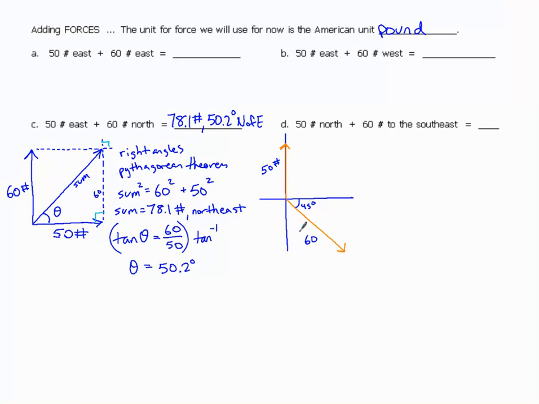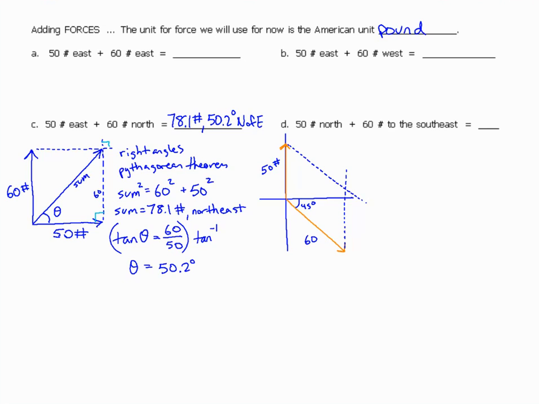Let's do the parallelogram method. So I'm going to draw this line up. I'm going to draw this line in this direction. And we're about to draw the sum, but something I would point out is that we have a right angle right here.